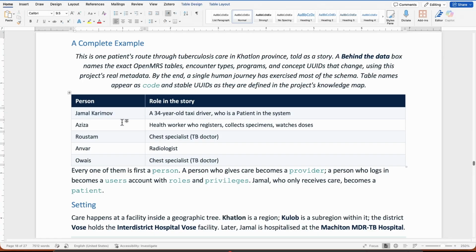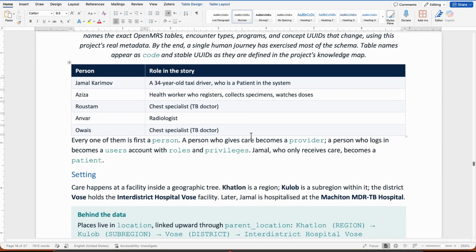There is another person, Aziza, who is a health worker responsible for collecting sputum samples, registering cases, and monitoring dosages. Then a chest specialist, Rustam, Anwar, the radiologist, and another chest specialist, Ovis. Right?